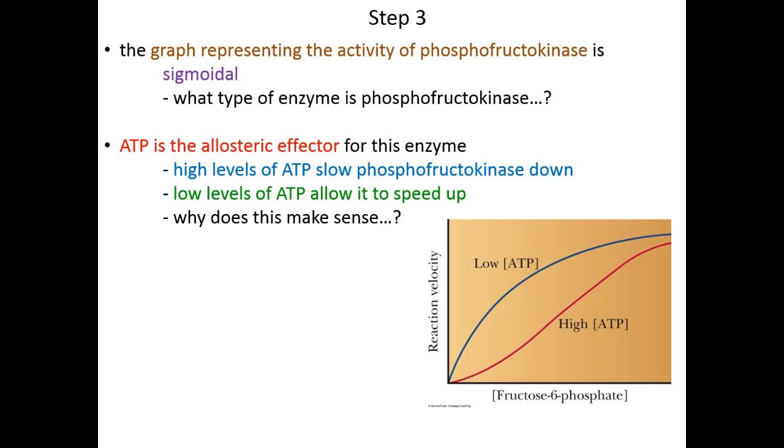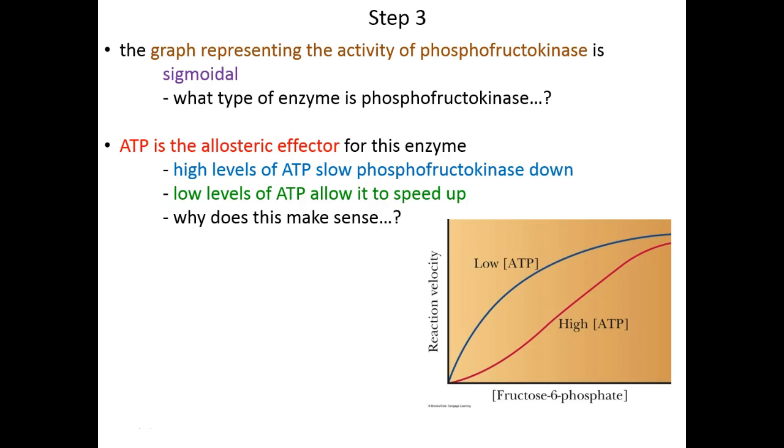Glycolysis is metabolizing glucose to turn it into pyruvate, so that you can make acetyl-CoA for the citric acid cycle, so that eventually oxidative phosphorylation can be done to make ATP. Everything we're doing is to make ATP. So if ATP levels are high already, we don't need to do any of this. So ATP slows phosphofructokinase down, because if ATP is around, you don't need glycolysis.